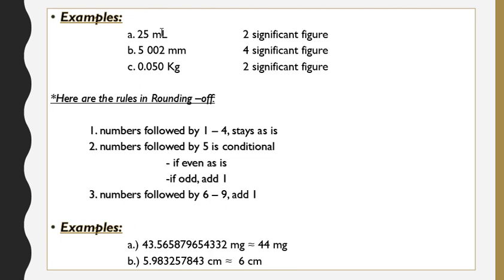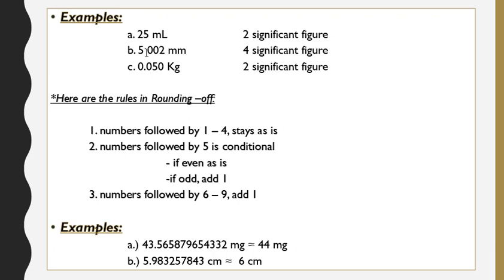So 25 milliliter. 25 are non-zero digits, so take note, non-zero is significant. How many significant figures? 2 is a significant figure, 5 is a significant figure, so 1, 2, thus it has 2 significant figures. Second example, 5,002 millimeter.